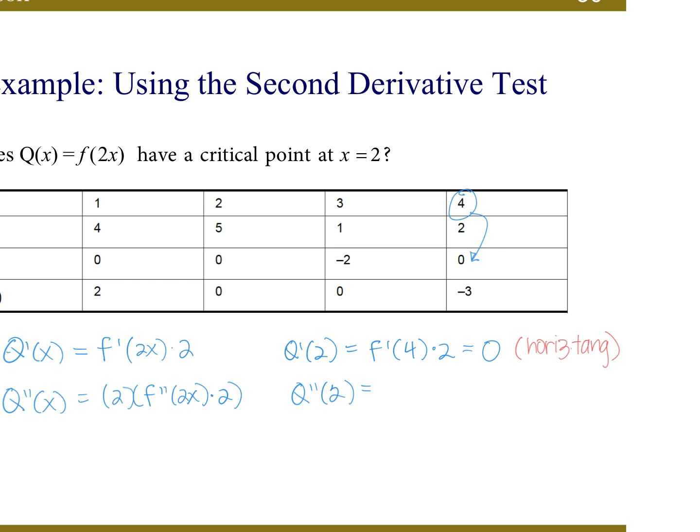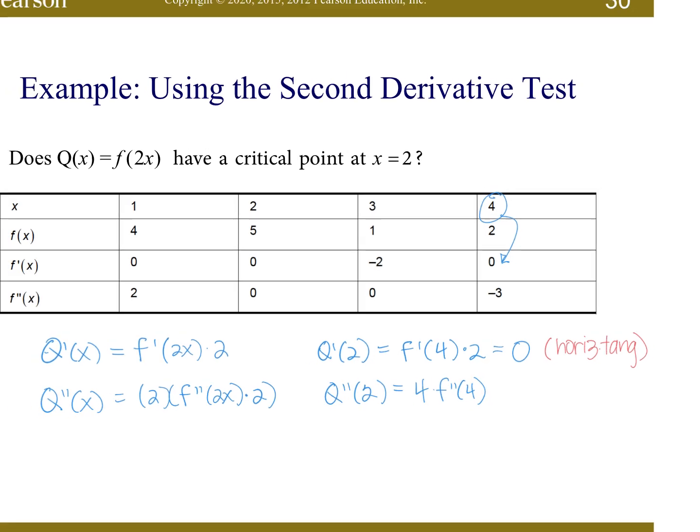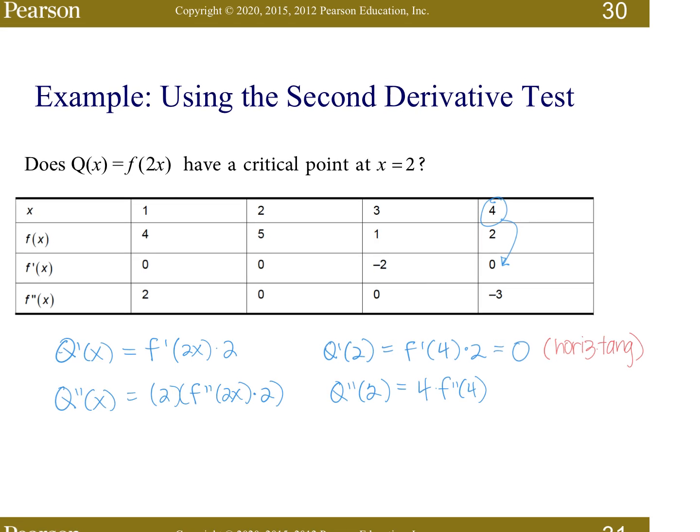So q double prime at 2 is going to be, well, I've got 2 and then a chain rule, so I'll have 4 times f double prime at 4. So going back to the chart again, at 4 f double prime of 4 is -3, so that'll be 4 times -3, which means -12. And what that tells me is that I am concave down.